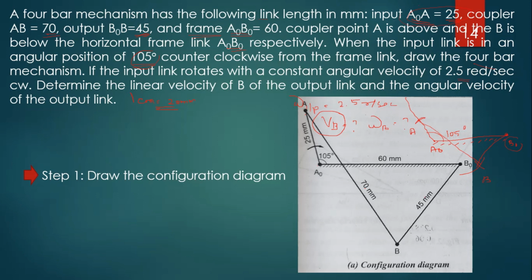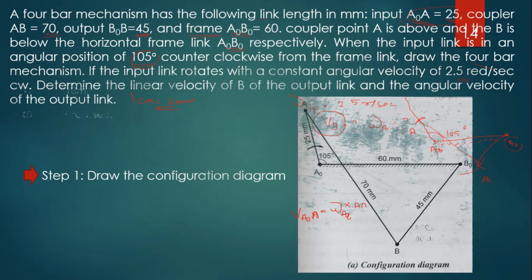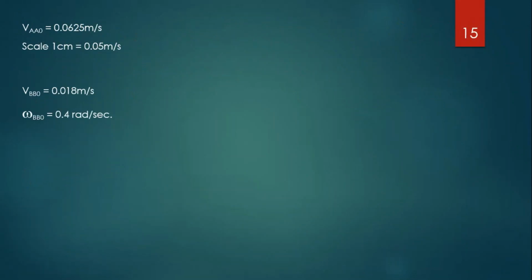After the configuration diagram, we have to calculate the velocity of the input link. So here the velocity of input link V A naught A is equal to the input link angular velocity of A naught A into the length of A naught A. So substitute all the values in this and you get 0.0625 meter per second, right?